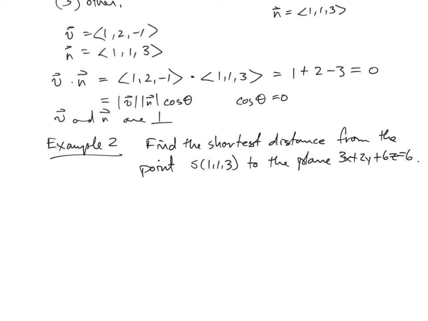Find the shortest distance from the point S, which has coordinates 1, 1, 3, to the plane 3x plus 2y plus 6z is equal to 6. The point S is not necessarily on this plane. In fact, it isn't on this plane.